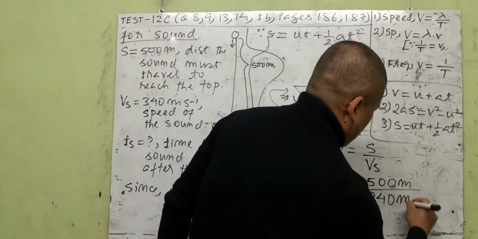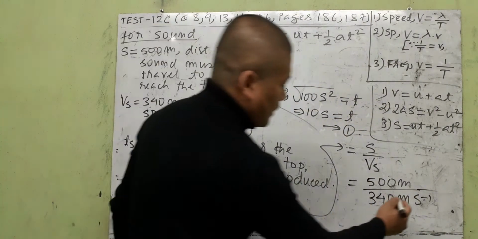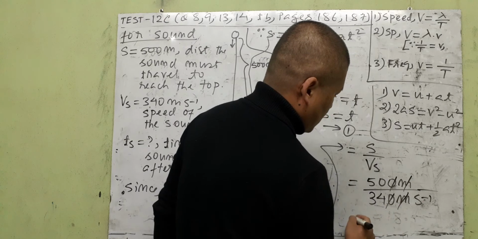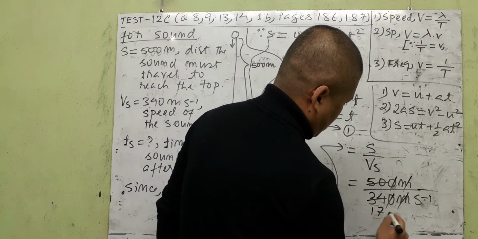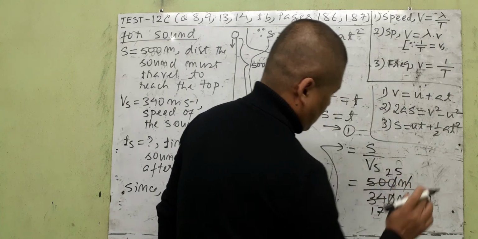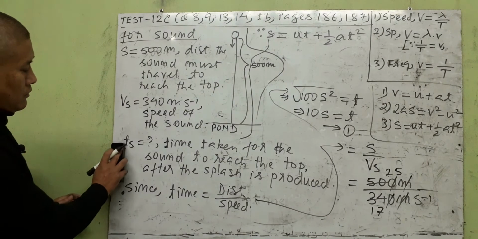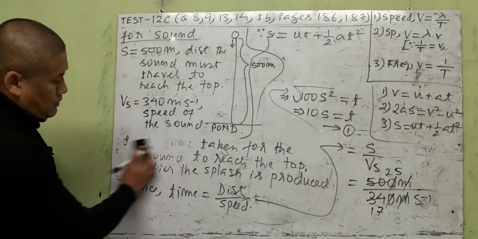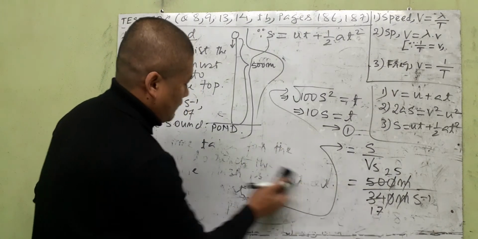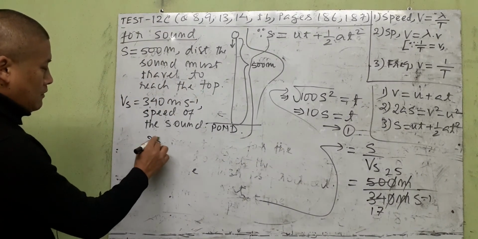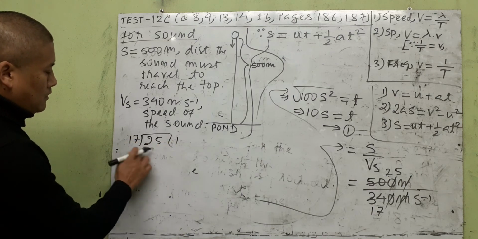As you can see here, the meters cancel, the 0s cancel. Then this is 25 by 17. If you divide that, 17 ones are 17.